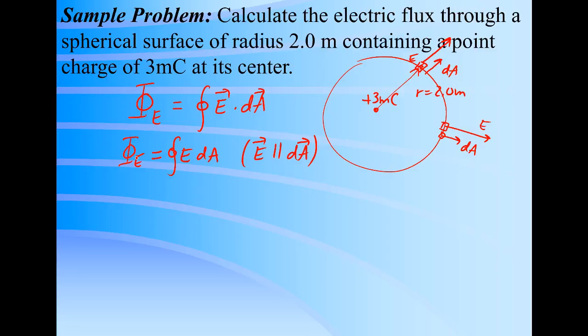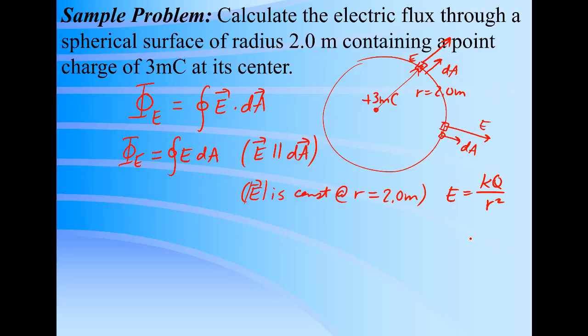The next step is to recognize that at every point on the surface, E has a constant magnitude at r equals 2.0. Why? Because this is a point charge, so its electric field is simply kq over r squared. Nothing changes when you move around the surface because r stays constant.